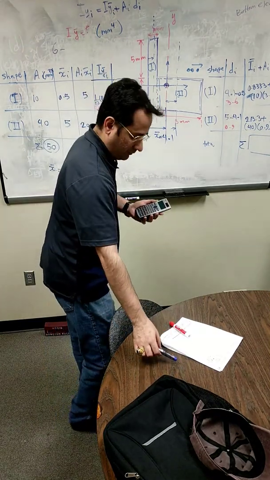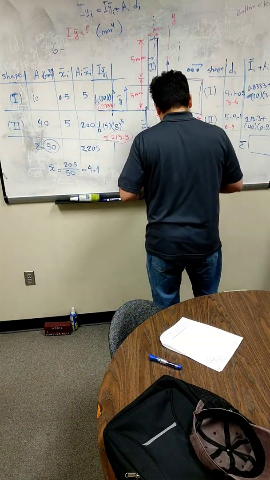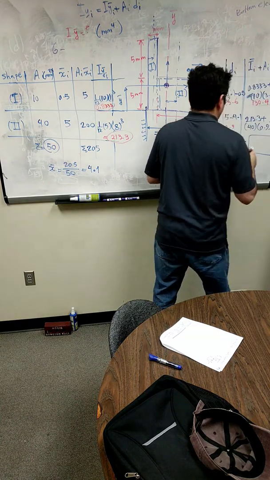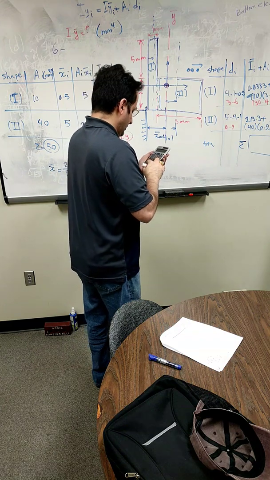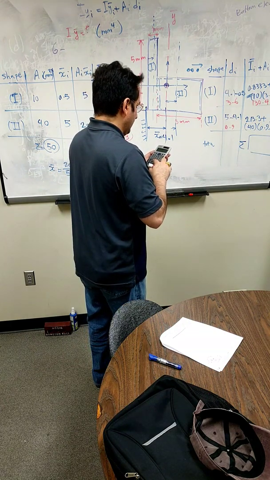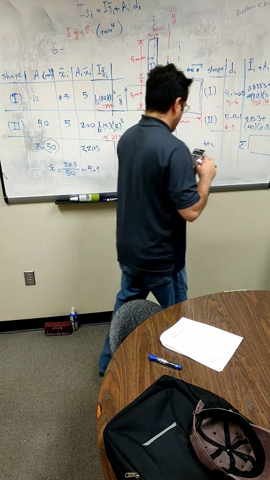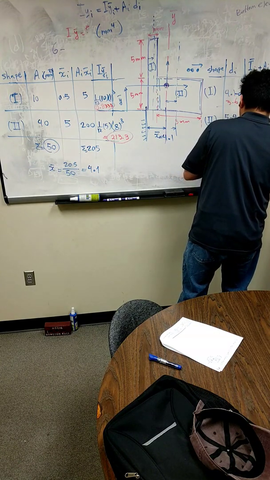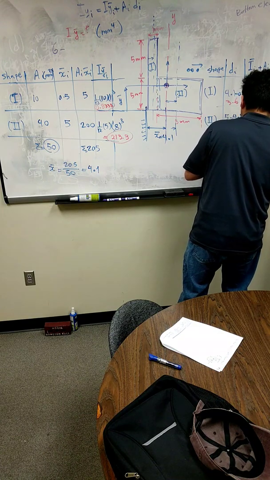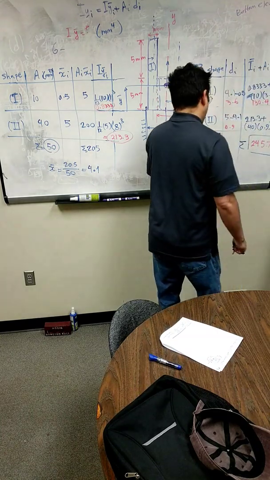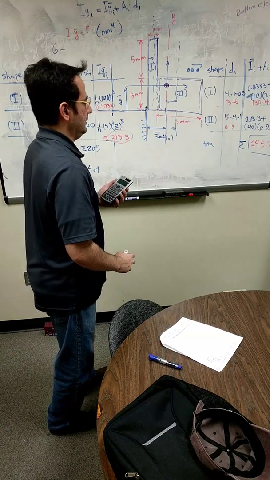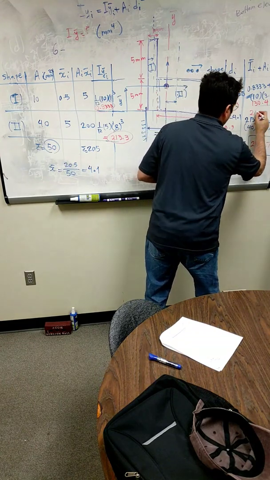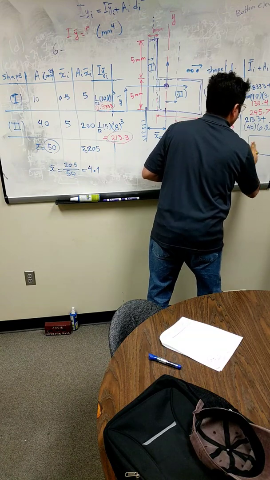The first one is 130.4, and the second one, 213.3 plus 40 times 0.9 times 0.9, then I get 245.7. So this is the answer for that, 245.7.